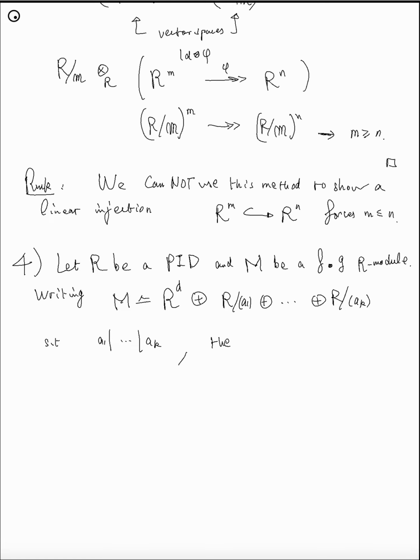And the exercise asks you to prove the integer d equals the dimension of this K vector space. If you remember the exercise we have done before, this dimension is called the rank of M, and it corresponds nicely in this situation. So K is the fraction field of R, okay?